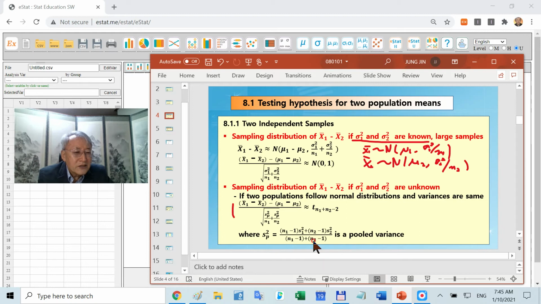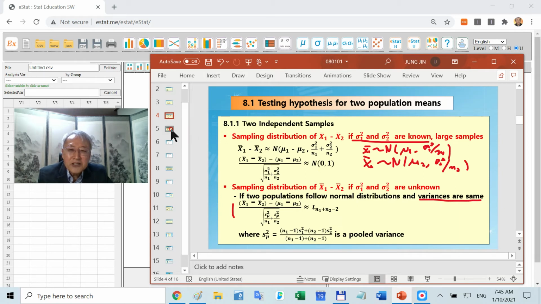It is some kind of proportion of n1 minus 1 and proportion of n2 minus 1. We call it the pooled variance. Since we assumed two population variances are the same, we can pool. When practically we don't know the population variances, we use this sample statistic.